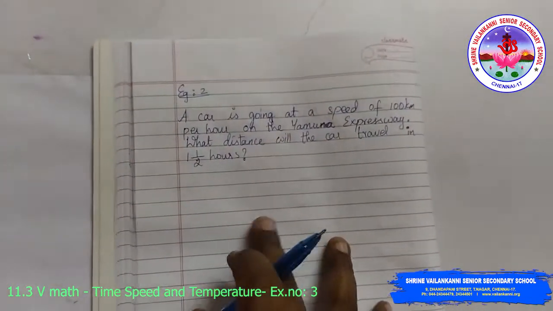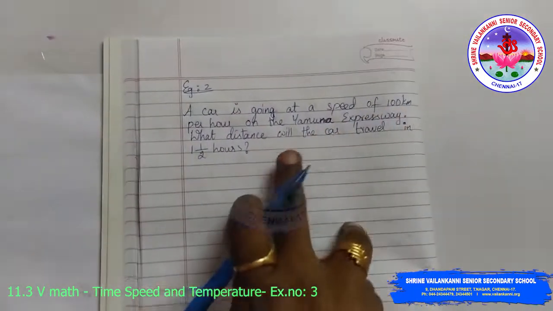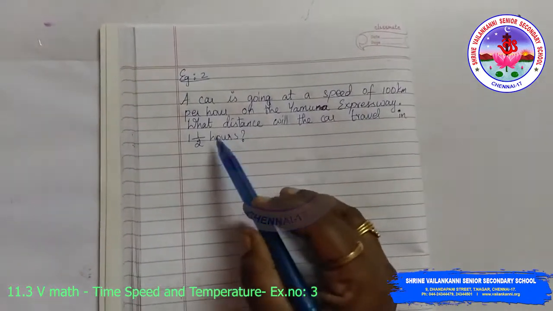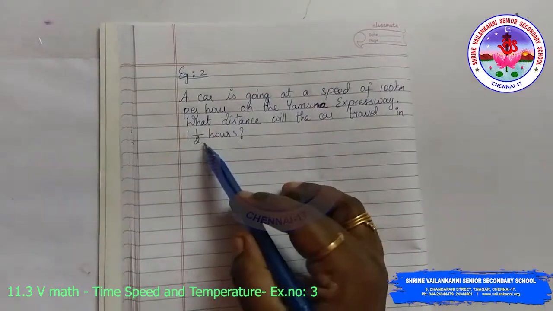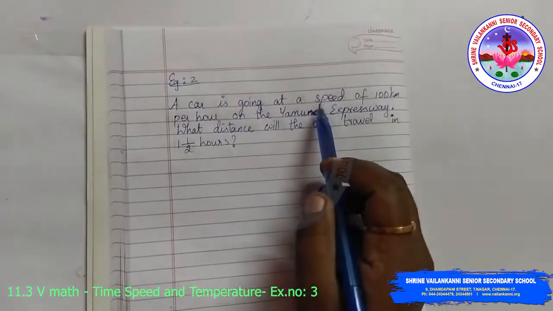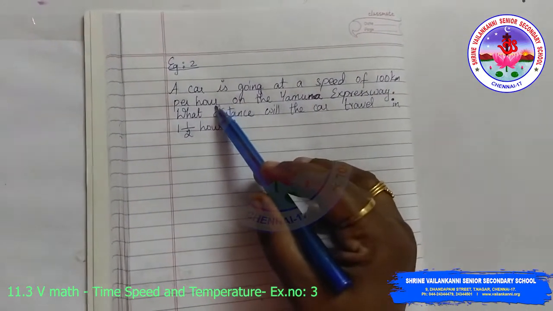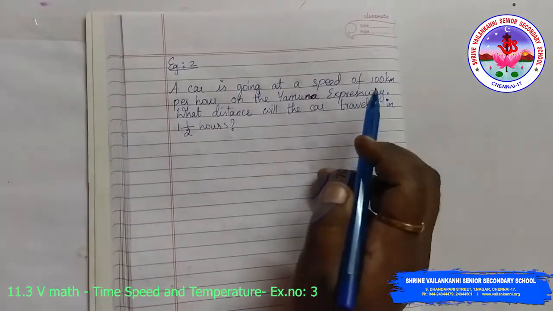Second example sum. A car is going at a speed of 100 km per hour on the Yamuna Expressway. What distance will the car travel in 1.5 hours? Here the speed of the car is 100 km per hour, that is, for 1 hour the car is traveling 100 km.